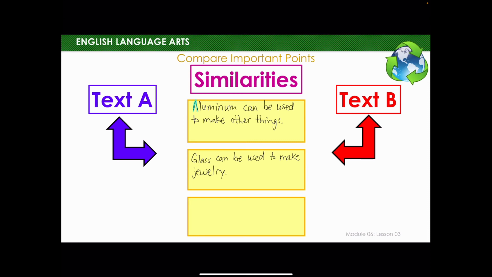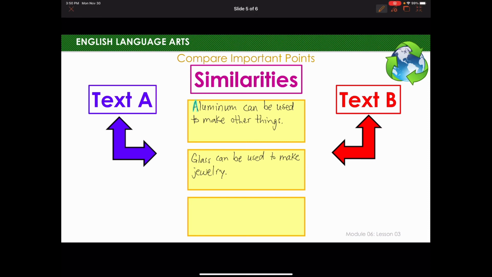So if I go over to my table here, if I want to talk about how they are similar, they both tell us that recycling means making something into something new. Recycling is making an object into something new.